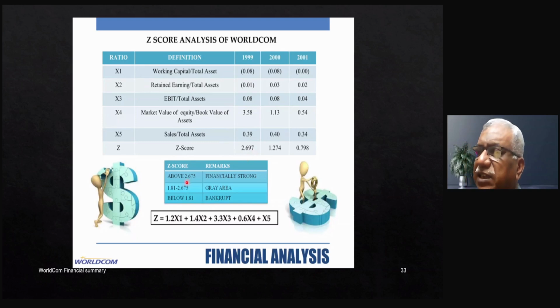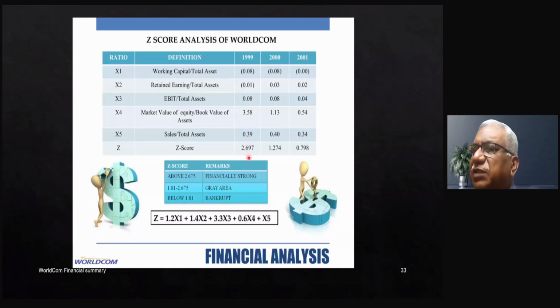And then we had the interpretation. I said if it is above 3, okay, it's around 2.65, but don't get too worried about the accuracy. You can take it as 3. We are auditors, not science students. So between 1.8 and 2 was gray, and below 1.8 was bankrupt.